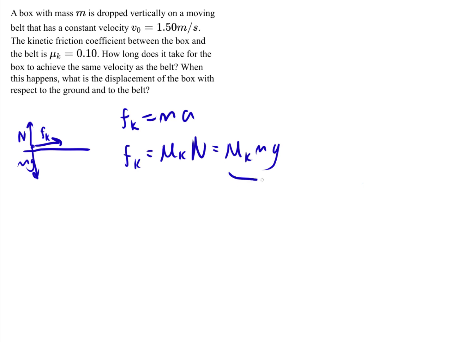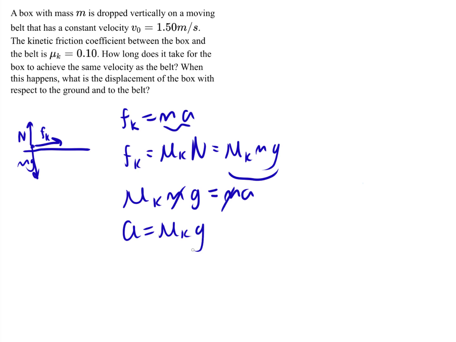So now we can set these two statements equal: the coefficient of kinetic friction times the mass times the gravity is equal to the mass times the acceleration. You'll notice that the masses cancel out, and the acceleration is simply equal to the coefficient of kinetic friction times the acceleration due to gravity. And that is the acceleration of the box once it is dropped.